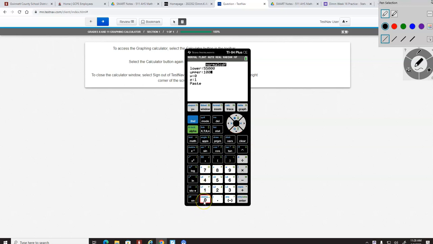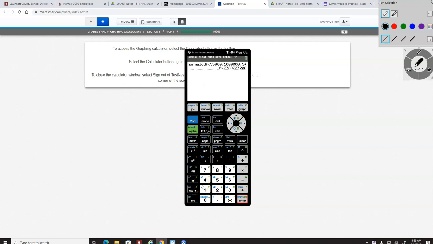My upper bound is 1 million. My mean is 58,000 and my standard deviation is 4,000. Enter, enter. It's 0.7733.